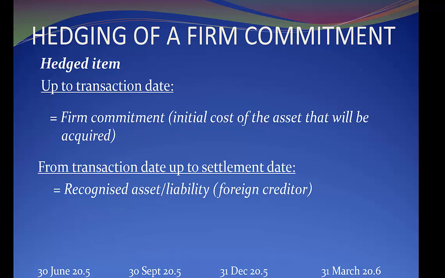Now, from the transaction date up to settlement date, we are going to hedge the recognized asset or liability, which in this case will be the foreign creditor. So on transaction date, you're not hedging that firm commitment anymore because the transaction has happened, and therefore you will put the asset in your books as a non-monetary asset, and on the other hand you'll have the creditor, which is still a monetary item which still has to be paid in the future, and it can have fluctuations.